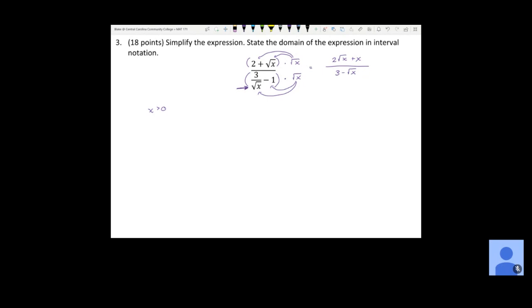So that would give us a 3 minus 3, which would be 0 in the denominator. We know we can't have 0 in the denominator, so the work for that would look like this. 3 minus the square root of x cannot be equal to 0, right? So this is what I would want to see in terms of finding the domain now. So we take our denominator from our simplified expression, we set it not equal to 0. Now, if we were to solve that for x, what would you do first?